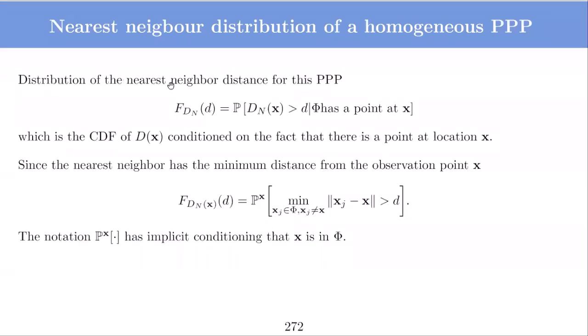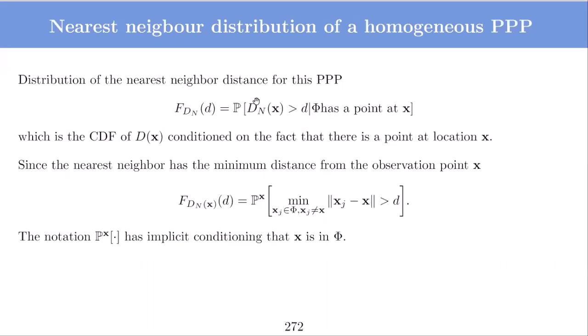So the CDF of the nearest neighbor distribution would be given as the probability that dnx is greater than d. Sorry, CCDF. And then to compute this, you have to condition on phi has a point at x, because then only the neighbor is defined. Once you consider that there is a point at x, then only you can compute the nearest neighbor from it.